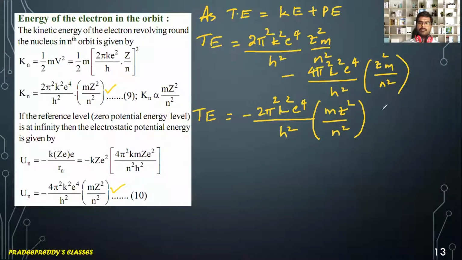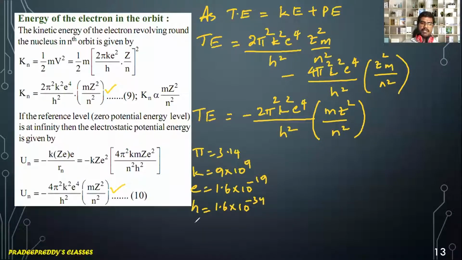M is the mass of the electron, and all these parameters are constants. E is the charge of the electron, 1.6 into 10 power minus 19, K is 9 into 10 power 9, and pi you can take as 3.14. H is Planck's constant, 6.6 into 10 power minus 34.